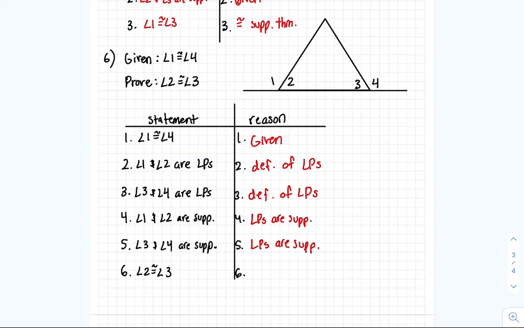Because you guys know, oh, 1 and 4 are congruent, right? So that means you could have just said that that's really angle 1, right? And since 1 and 2 are supplementary and 4, quote unquote, 1 is supplementary to 3, then that lets you know, oh, it forces 2 and 3 to be congruent to each other. Why? Congruent supplement theorem.